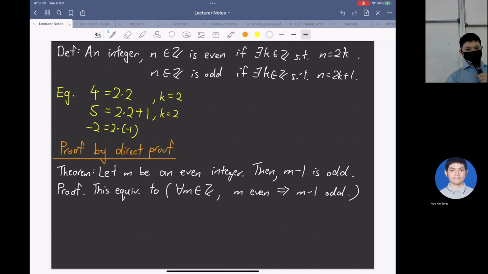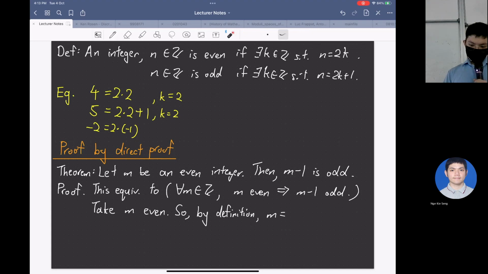Since you want to prove this, you need to check it for every m in the integers which is even. So we take m even. By definition, m equals 2k for some k.